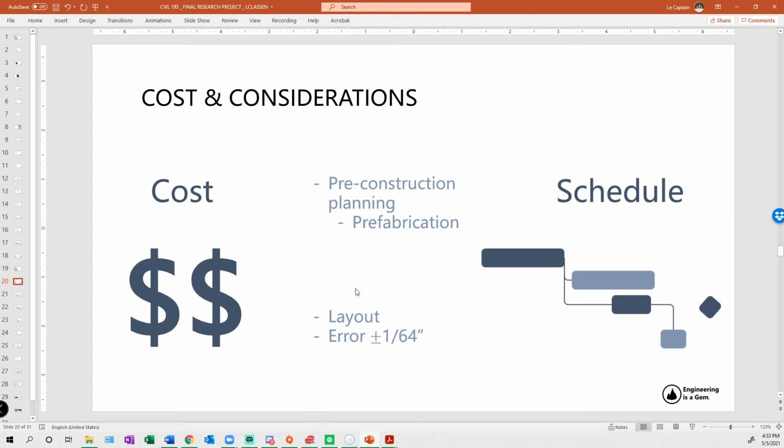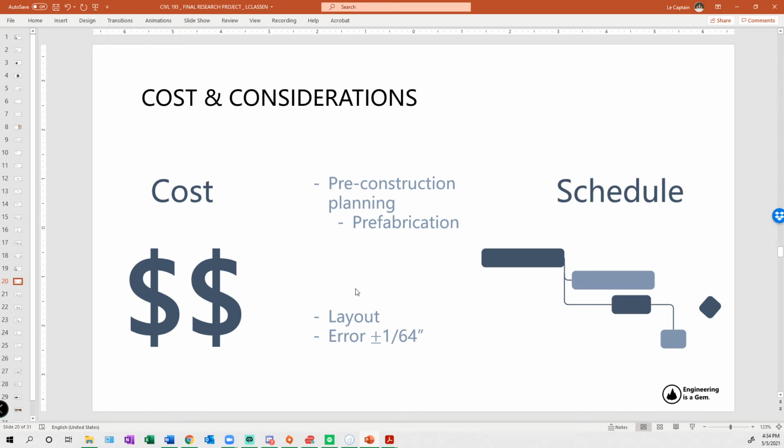So this further indicates that you're going to need to have a lot of time and money spent into pre-construction to make sure that you have the layout optimized and everything has been prefabricated properly. This is extremely important with CLTs because the error of measurement is on the scale of a 64th of an inch, which is considerably smaller than traditional materials such as concrete and steel.